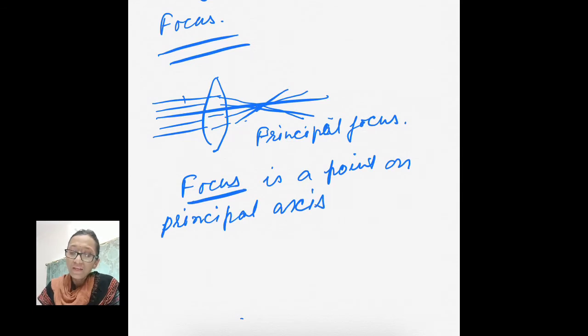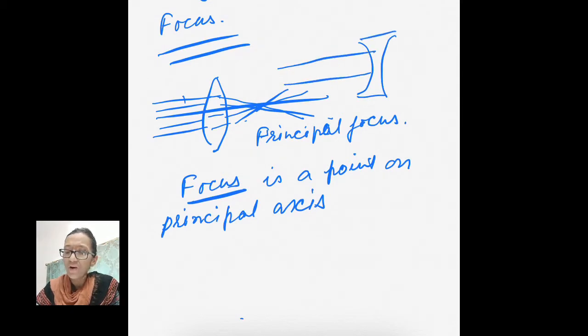Okay, let me take an example of one more lens, a concave lens. Now if parallel rays fall on this lens, they diverge; a concave lens diverges the rays away from the principal axis. Now they cannot meet at any point.